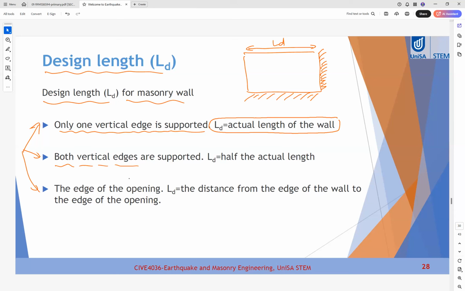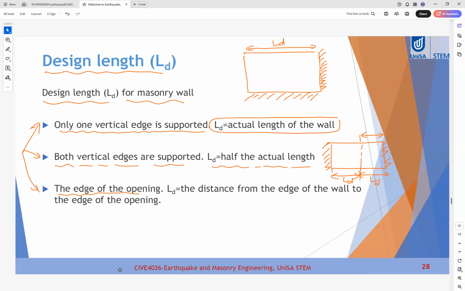If both edges are supported, LED will be half of the actual size of the wall. So if we have two supports, this will be LED, in this case half of the wall.